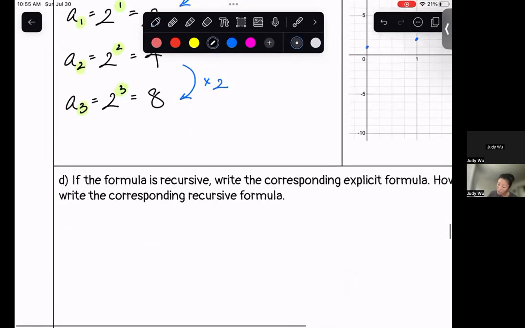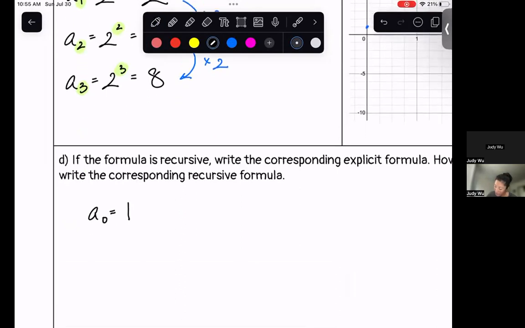Well, to write a recursive formula, then, we have to tell our audience that we are starting at 1. That is our first term. And then to find any other term, we do 2 times the term that came before. And this is only true for n greater than or equal to 1.